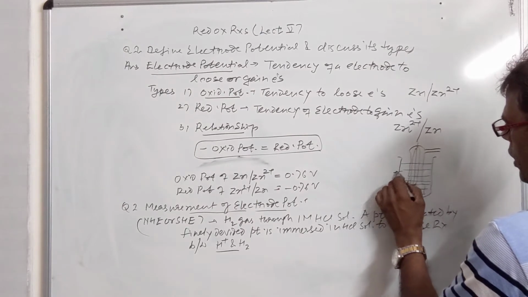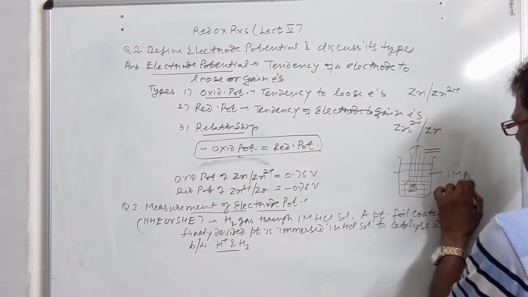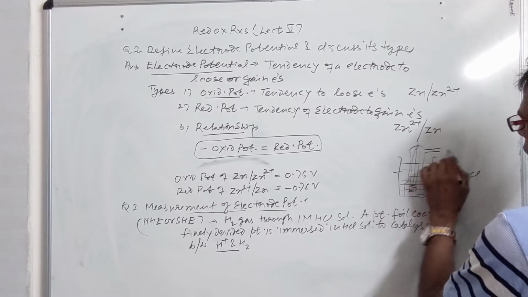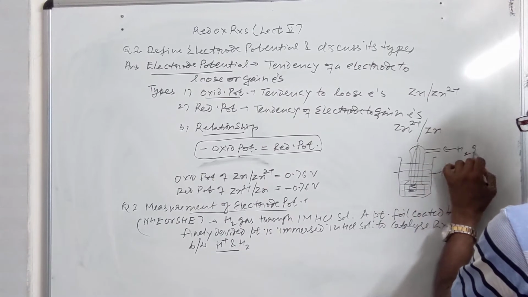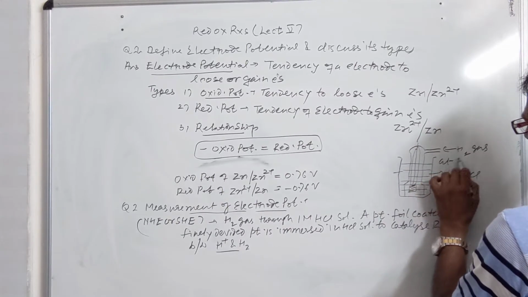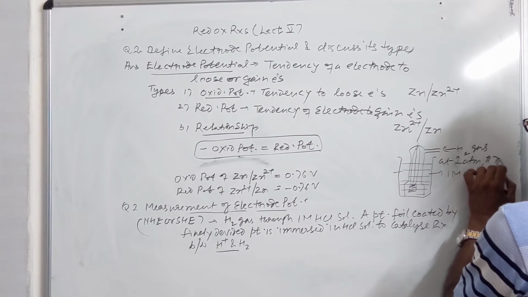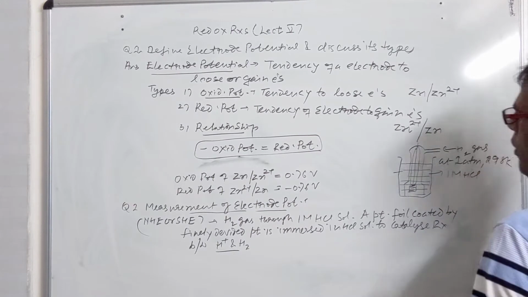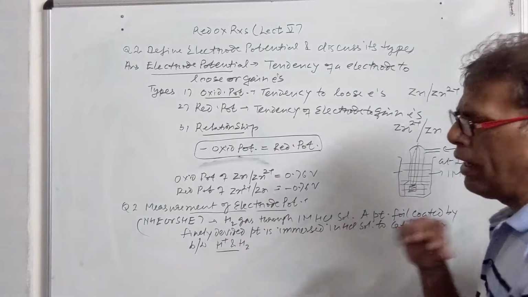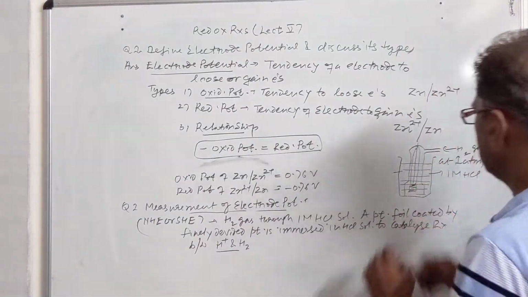Here we are filling 1 molar HCl solution, and from here H2 gas is passed at 1 atmospheric pressure and a temperature of 298 Kelvin.